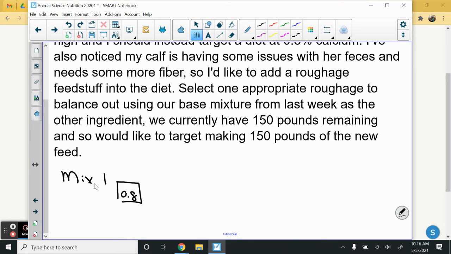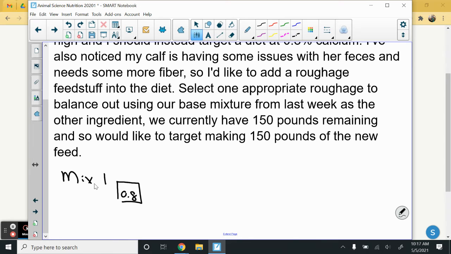That means that when I choose a roughage, which is one of the categories on our composition chart, I need to choose a roughage that has less than 0.8% calcium, because one has to be higher, and my mix already is, and now one will need to be lower. There's actually 8 different options I can select. I could use brome grass hay, corn silage, grass hay, grass silage, oat hay, oat silage, Timothy hay, or Timothy silage.